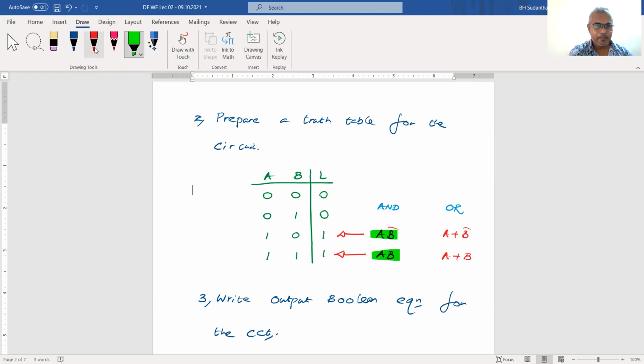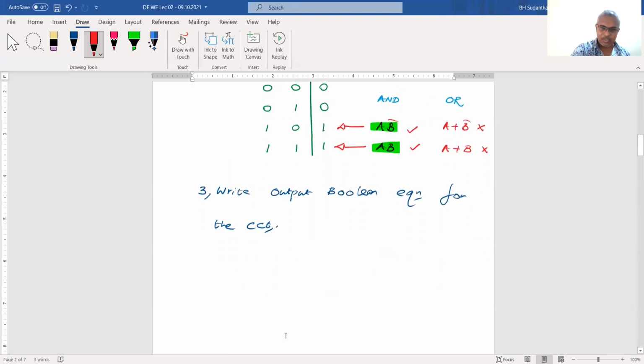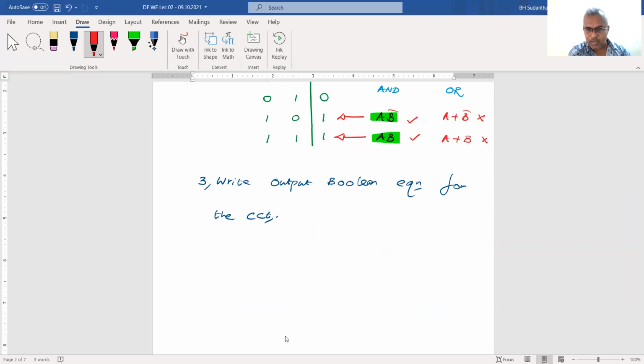Okay. This is the correct one. And we can't use OR. You will realize this when I write the output equation. For example, assume for the moment that you didn't realize why AND is here.